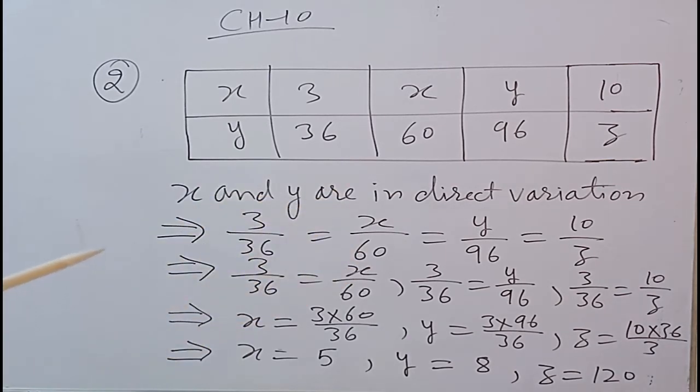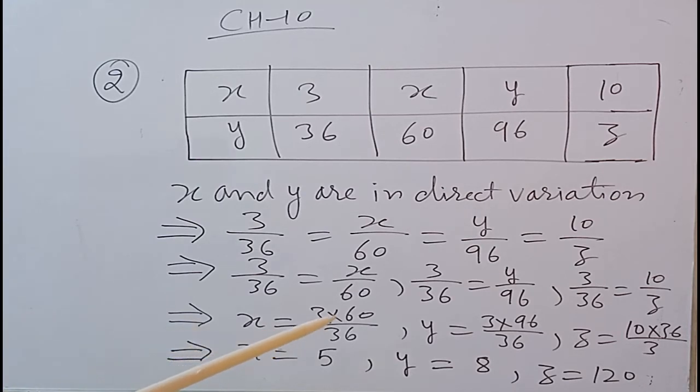Or we can say 3 upon 36 equals x upon 60, 3 upon 36 equals y upon 96, 3 upon 36 equals 10 upon z. So x equals 3 into 60, 60 multiplied by 3 and divided by 36.